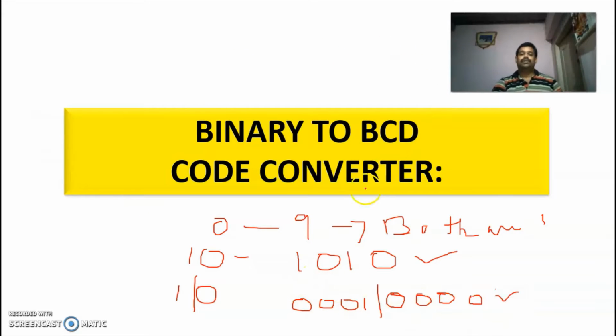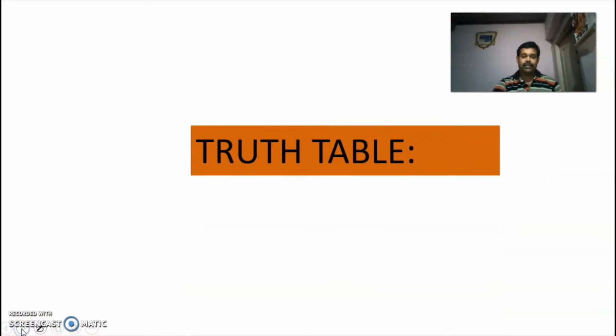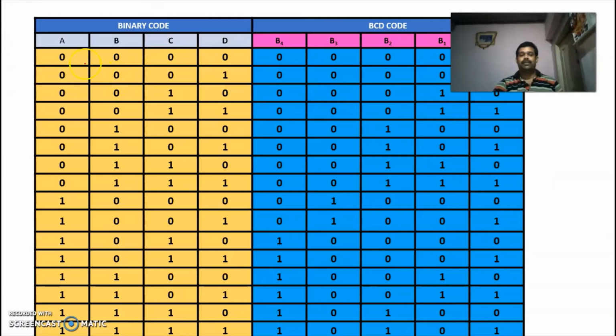Now we are going for the truth table. First we must know how many columns we need to draw this truth table.